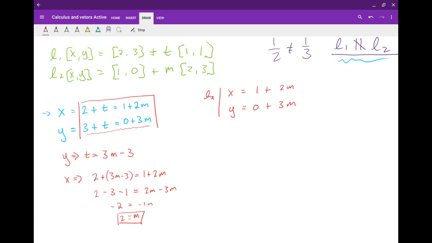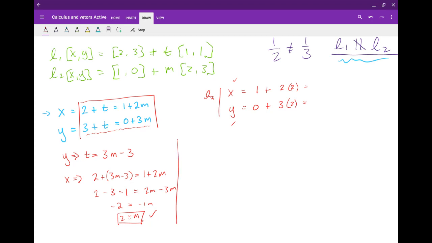This is just the parametric equation, but I've discovered that m equals 2. So instead of these m's, I'm going to write down 2. There it is, and there it is. And what I'm actually getting is an x and a y coordinate that corresponds to the m that I solved for previously.